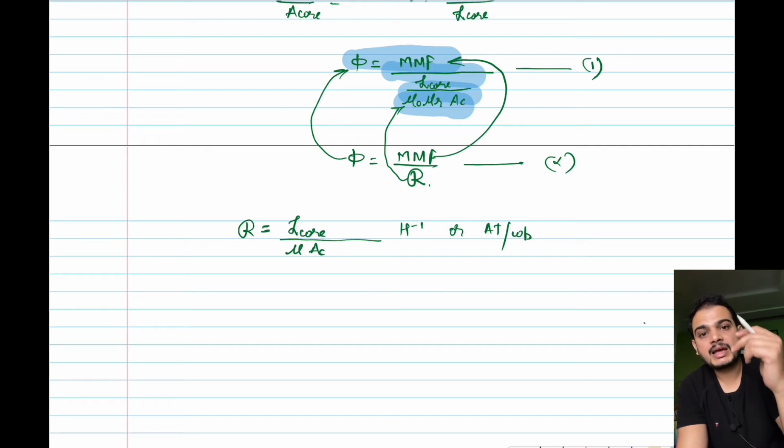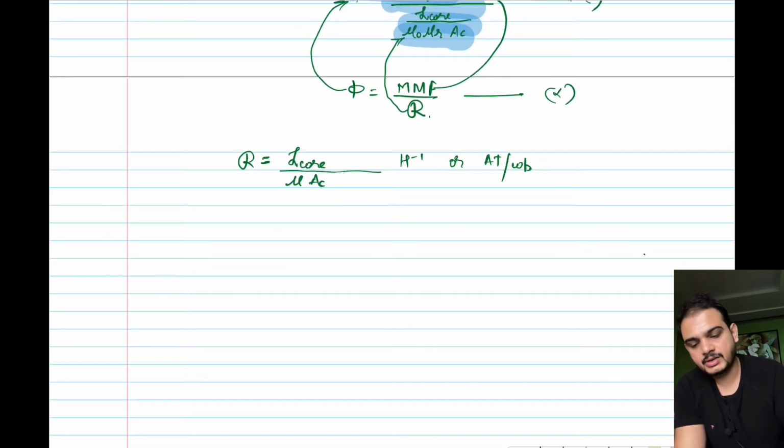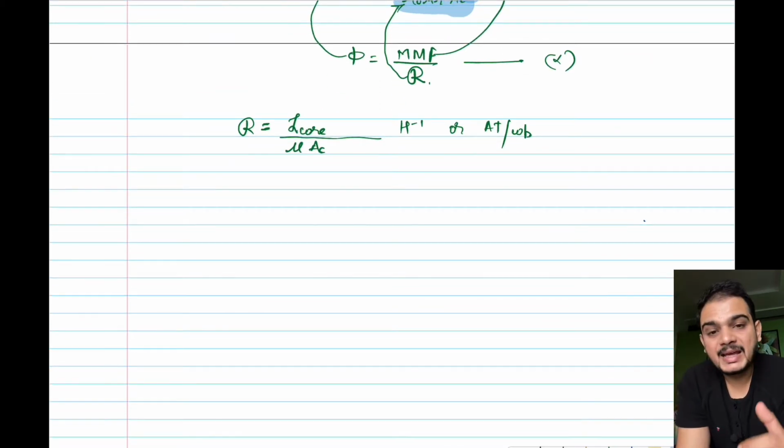So we can establish more amount of flux. This is the conclusion we can draw from this discussion, that the reluctance should be as low as possible in order to establish higher flux.